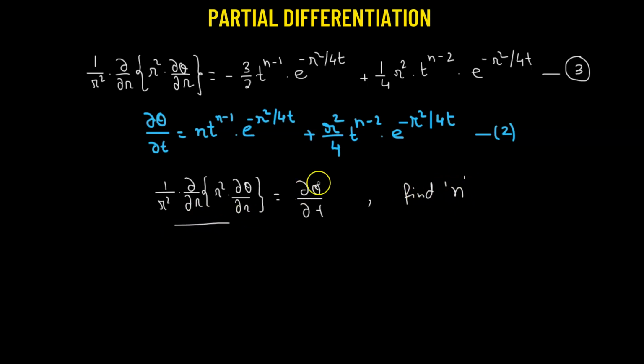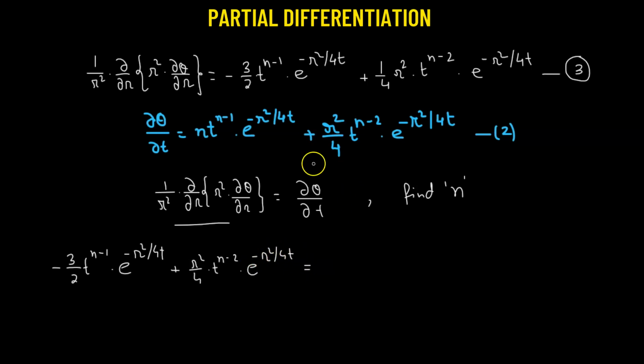From the right hand side of equation number 3, we have negative 3 over 2 times t raised to the power of n minus 1 multiplied to e raised to the power of negative r squared over 4t plus r squared over 4 times t raised to the power of n minus 2 times e raised to the power of negative r squared over 4t.